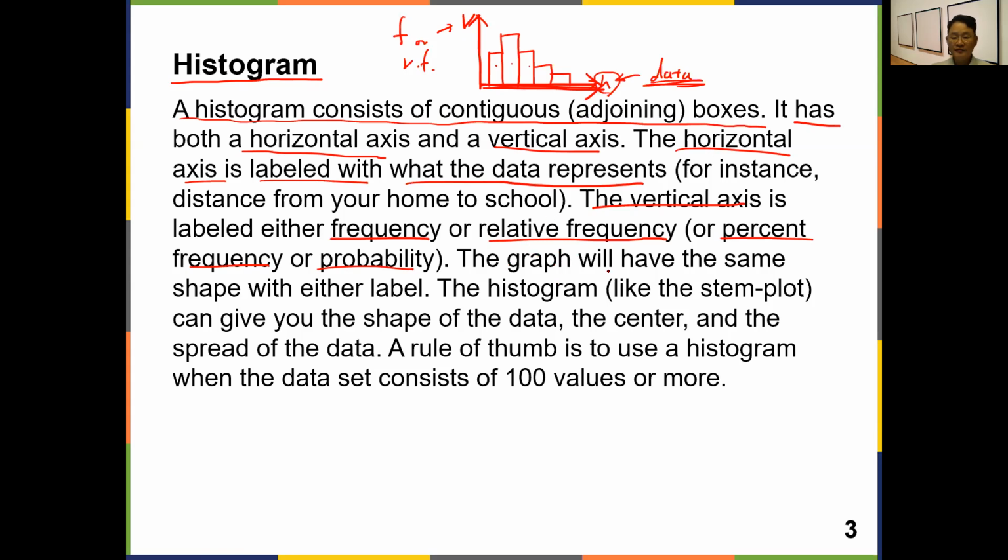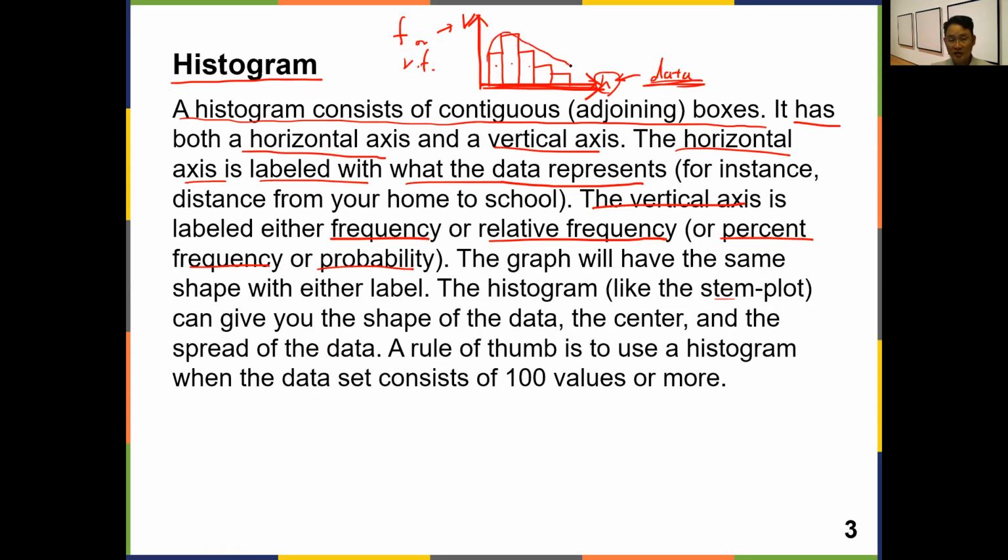Now, the graph will have the same shape with either label. And the histogram, just like the stem and leaf plot, will give you the shape of the data.